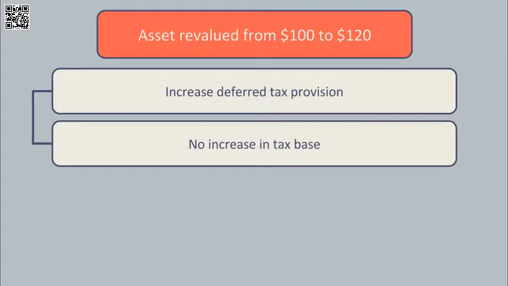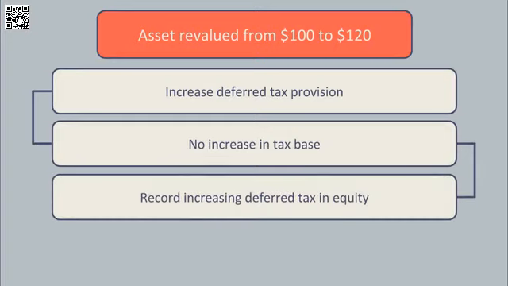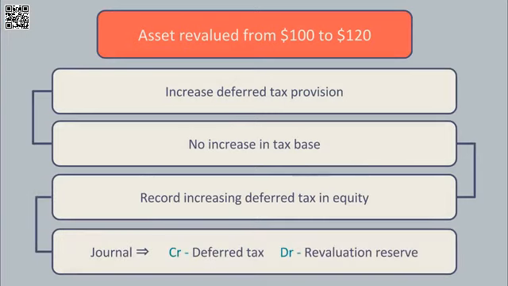Given that the thing causing the increased deferred tax, e.g. the revaluation gain, is recorded in equity, it would make sense to match the charge for increasing the deferred tax against it. Therefore, the journal for the increased deferred tax on a revaluation is to credit deferred tax liability and debit revaluation reserve. If the item causing the deferred tax is recorded in equity, then so is the deferred tax charge relating to it.